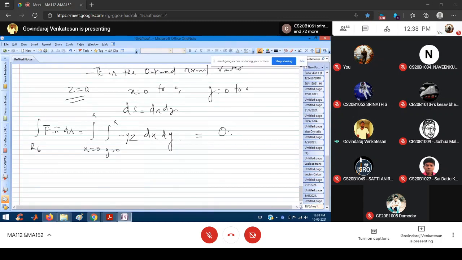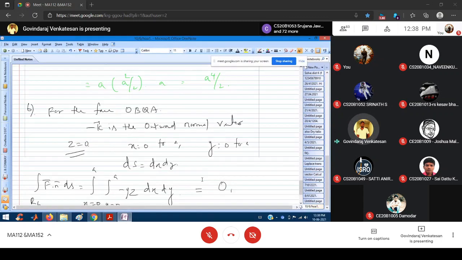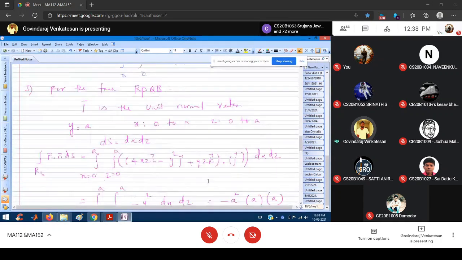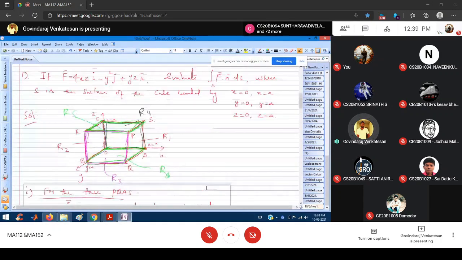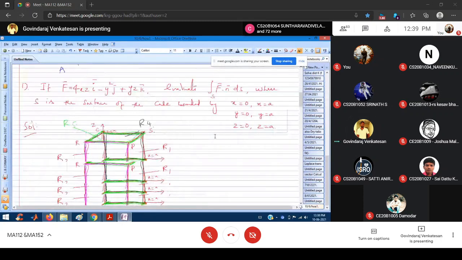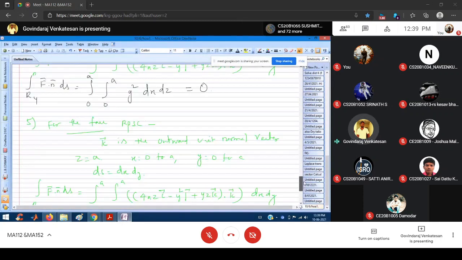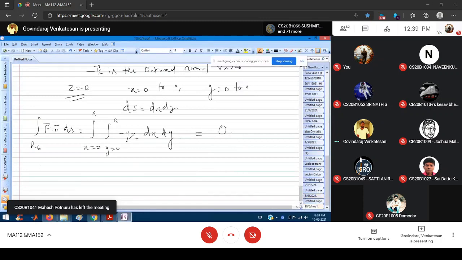Okay. So what is our question? Our question is to find the value of the integral bounded by the cube surface, just to sum all the faces R1 to R6.